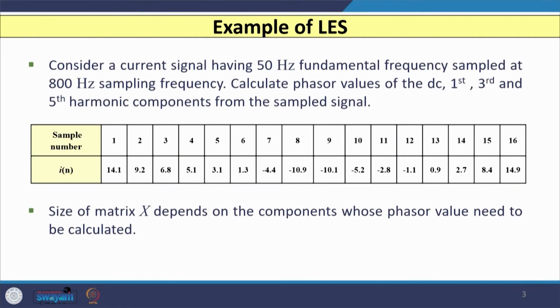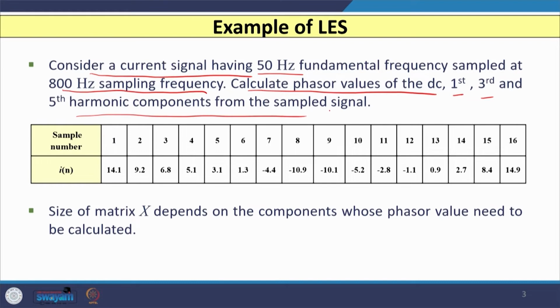Now, let us consider one example of this LES technique. To understand this, let us consider a current signal having a fundamental frequency of 50 hertz, and this signal is sampled with a sampling frequency Fs equal to 800 hertz. We wish to calculate the phasor values of the DC value, the first that is fundamental term, third harmonic, and let us say fifth harmonic from the sampled values.